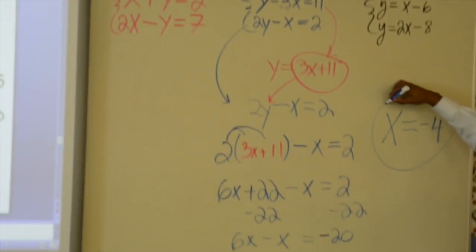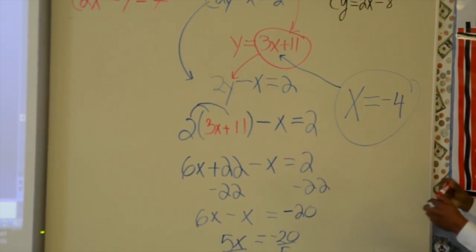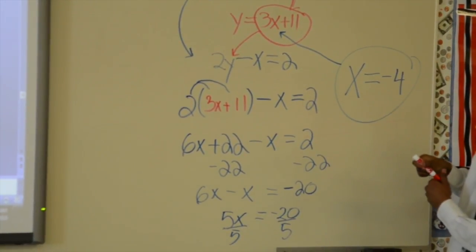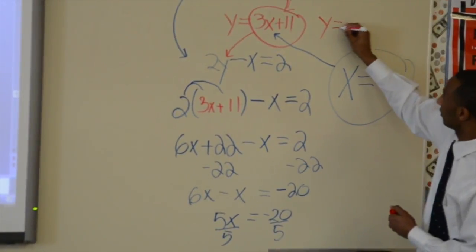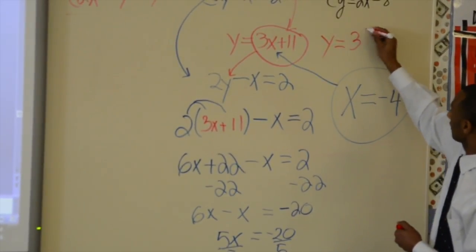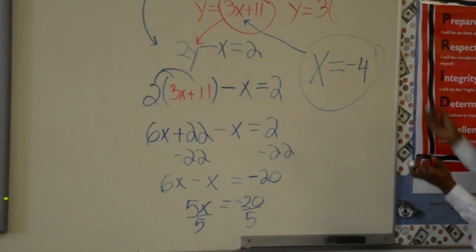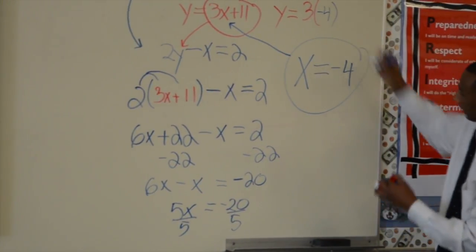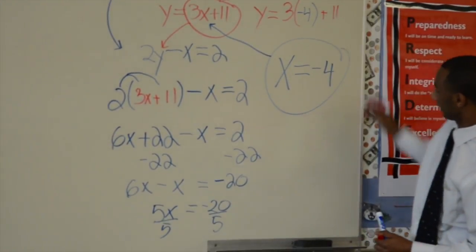So we could take this x and put it in here, right? So we get y is equal to 3 times what? x is negative 4 now. Then that's plus 11, right?